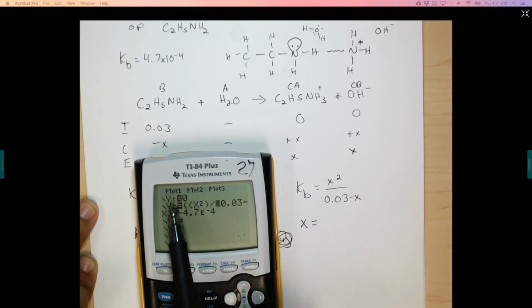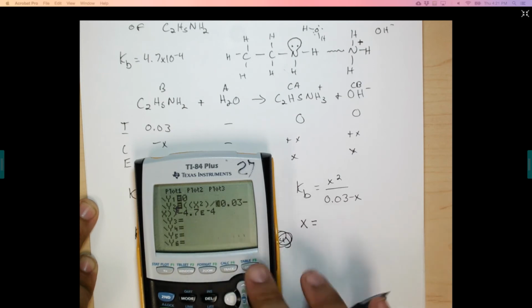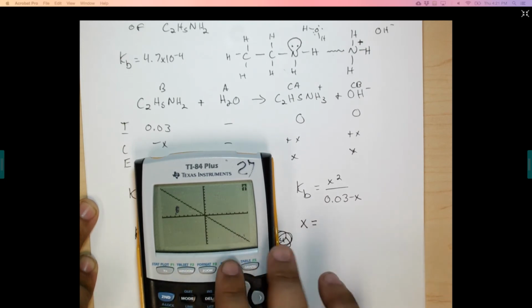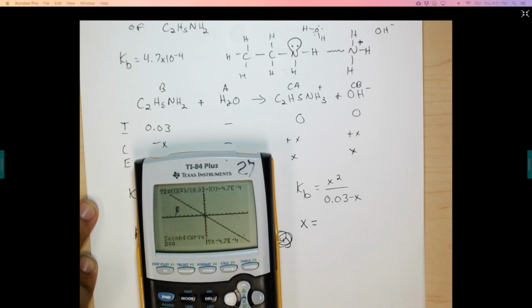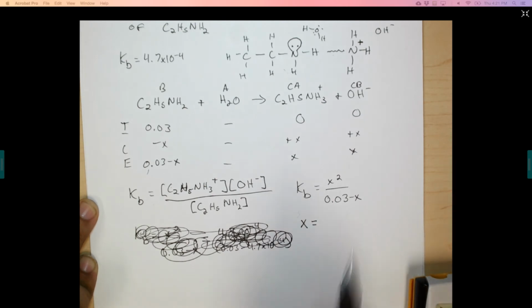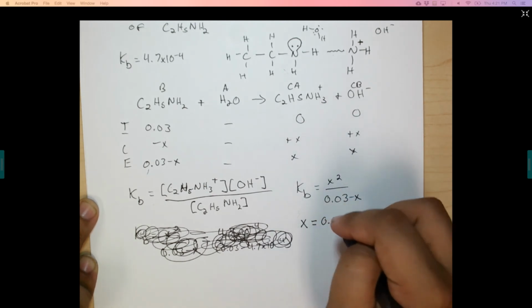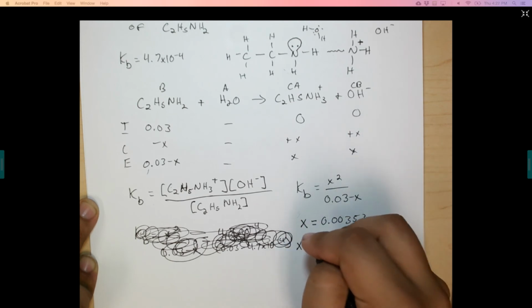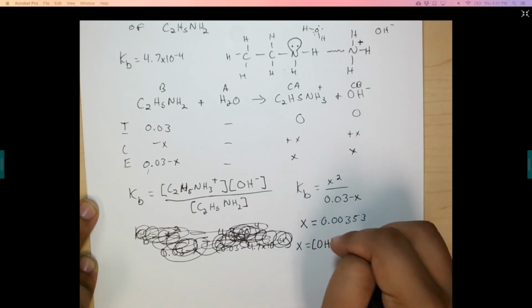Using the graphing calculator, set y1 equal to 0, set your y2 equal to this value. Once you go to graph, it will graph a curve for you. Once it is done graphing, you can go second calc 5 and 3 enters, and you will get a value which is the intersection, which is x, 0.00353. So x is equal to 0.00353, and x is equal to hydroxide ion concentration.